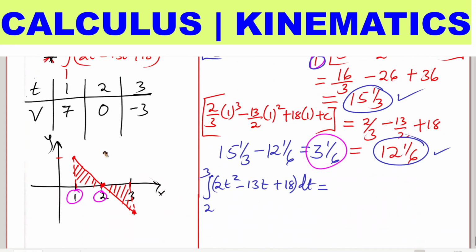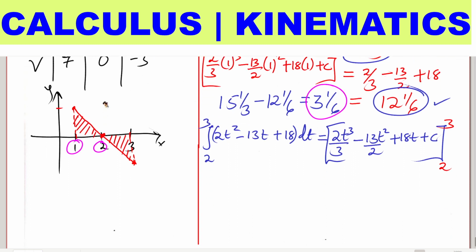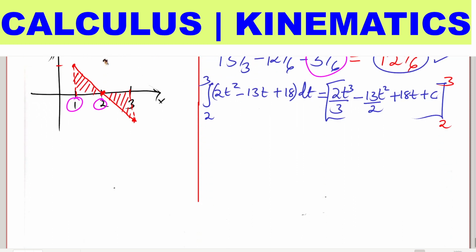And when you integrate, this is what you get: 2t cubed divided by 3 minus 13t squared divided by 2 plus 18t plus c. And then the limits from 2 to 3. Now very first, we start by substituting 3.